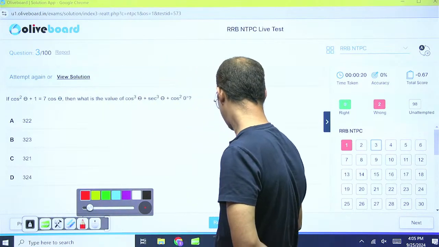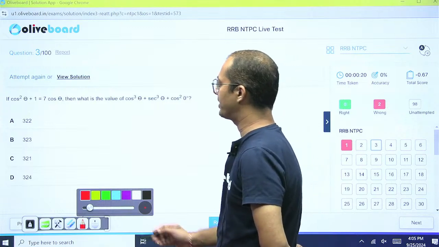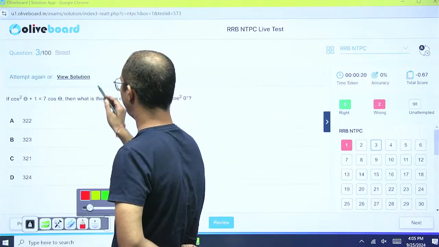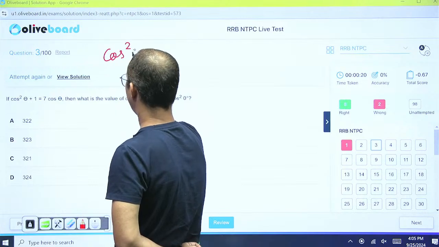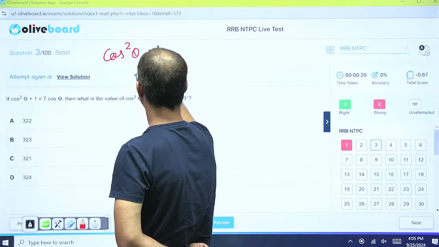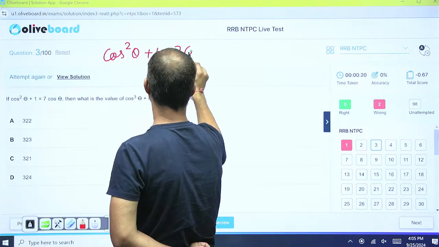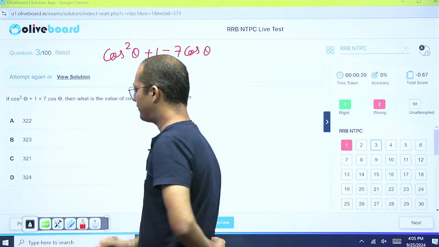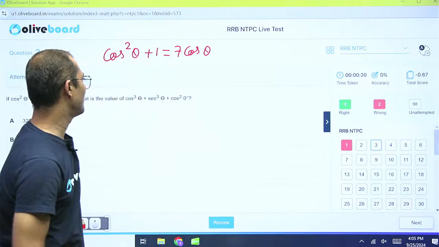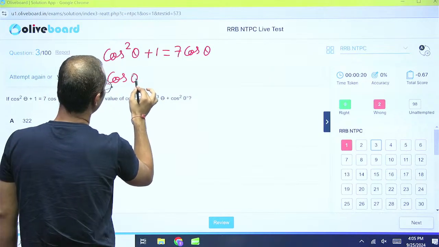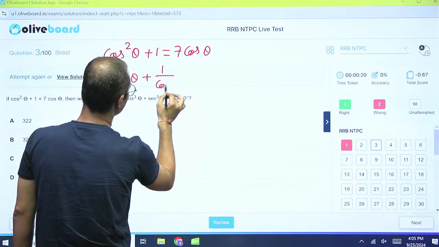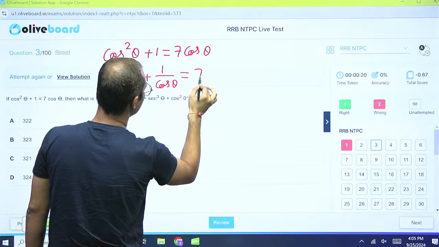See, here we are given cos square theta plus 1 is equal to 7 cos theta. If we divide both sides by cos theta, we get cos theta plus 1 upon cos theta is equal to 7.